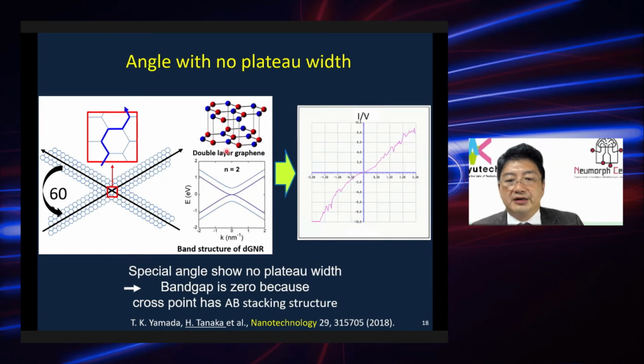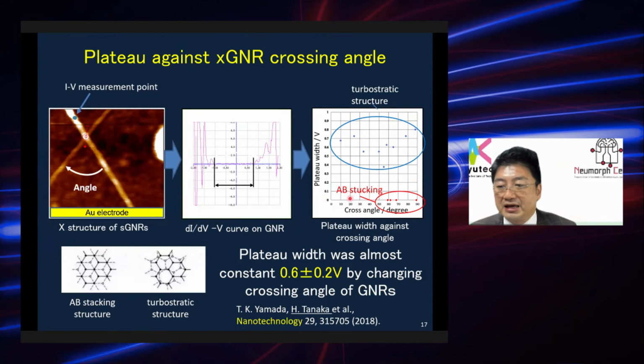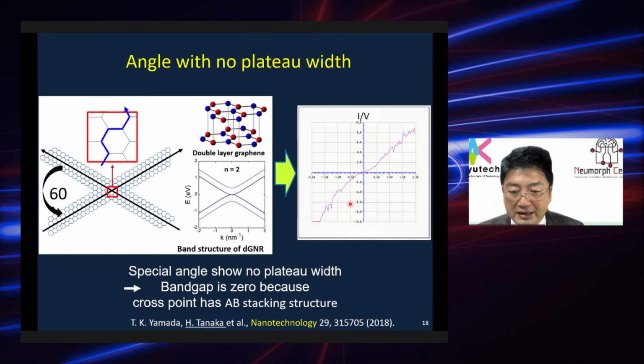The two layer AB stacking makes this structure, whose band structure is like this, where the upper band and lower band connect at one point, which makes a metallic conduction. So we thought the zero plateau area can be made by this AB stacking.